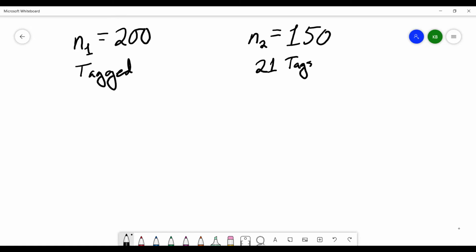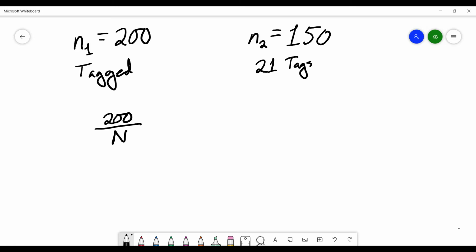Now, if I think about the relationship to my fish population in my pond, I know that 200 out of all the fish in the pond have tags.